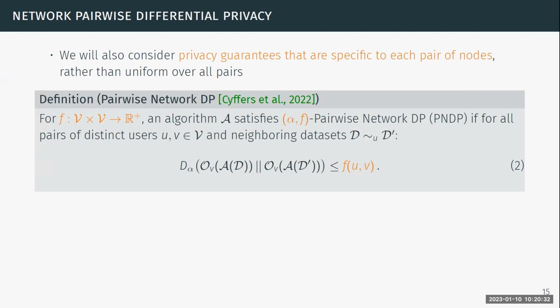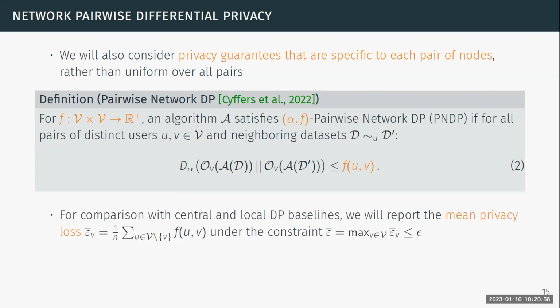Maybe I learn less about a user that is very far in the graph. And so we can capture this by parameterizing the privacy guarantee by a function f that depends on the specific pair of nodes that we look at. Typically that will depend on the distance. We can hope that f of uv is small if u and v are far away in the graph. I will skip this one.